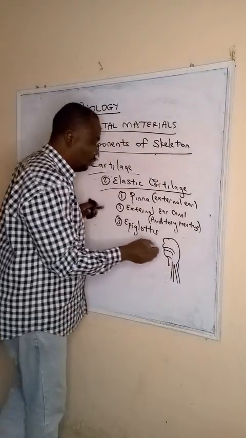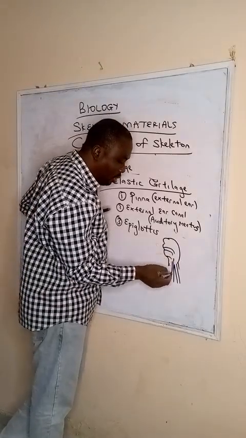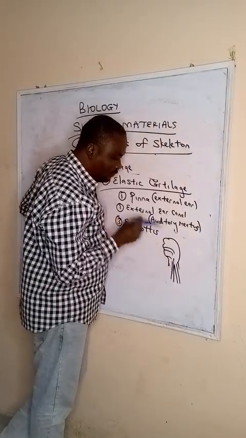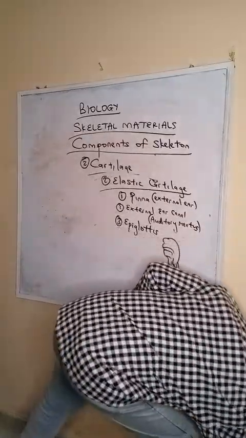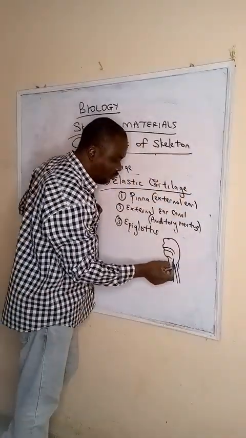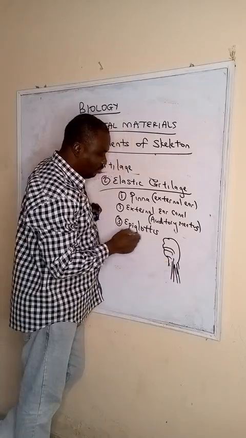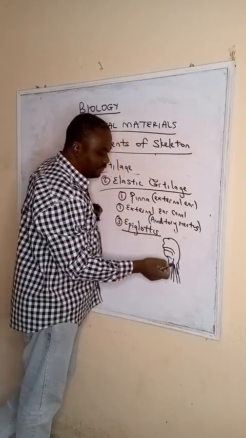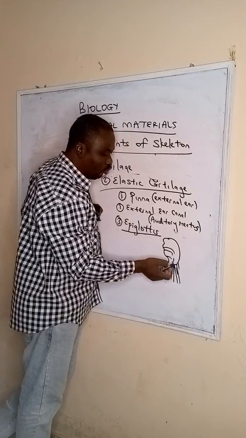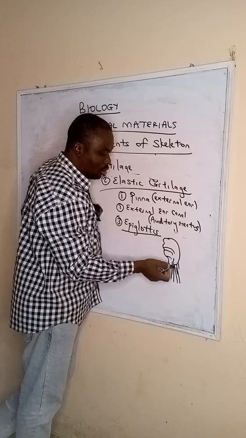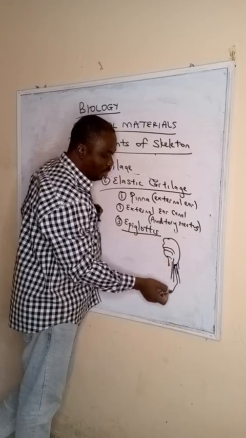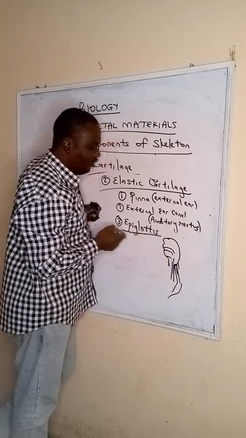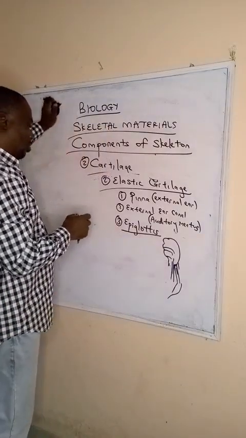Air enters this place. Food enters through this passageway. So what the epiglottis does is that when you swallow food, the flap will cover the road to the esophagus so that food won't enter the airway. The gullet leads to the stomach. That's the epiglottis, and it's made up of elastic cartilage.